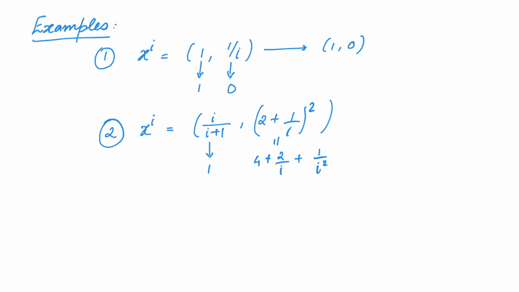Further, 2 by i converges to 0 and 1 by i square also converges to 0. Thus, we know that 4 plus 2 by i plus 1 by i square converges to 4 plus 0 plus 0, which is equal to 4. Thus, the sequence xi converges to the element (1, 4) in R2. Similarly, you can construct more examples and I hope you will be able to do it on your own.